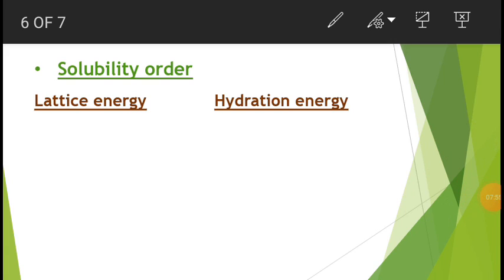Next chemical property of alkaline earth metals is solubility order. Solubility order can be explained on the basis of two factors. First factor is lattice energy and second factor is hydration energy. We already discussed these two factors in the previous video, and we are going to discuss them again.